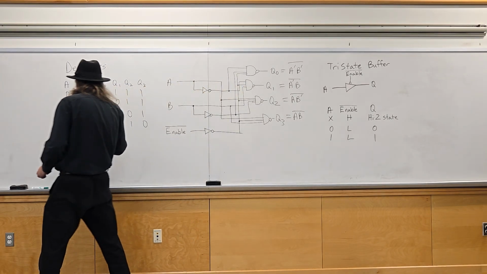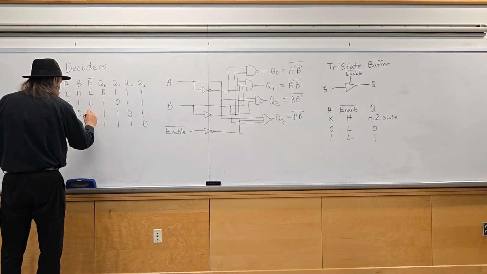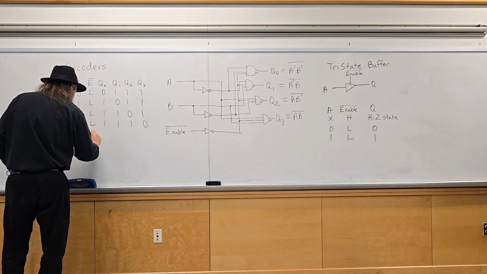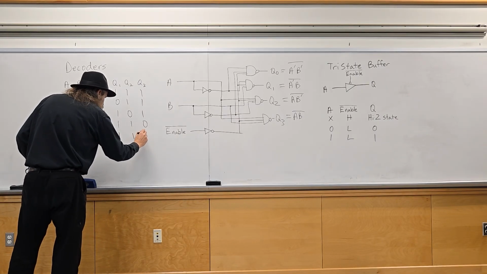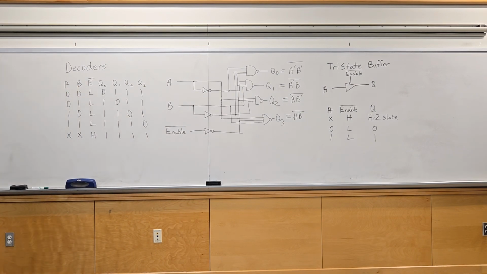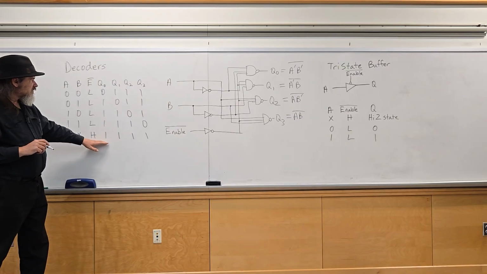And then if the enable is active, that means if your enable bit is high, none of your outputs are selected.